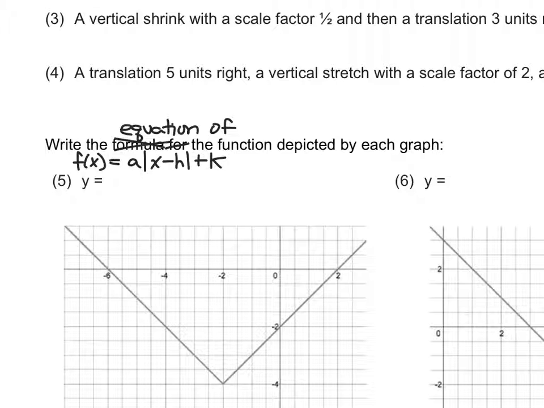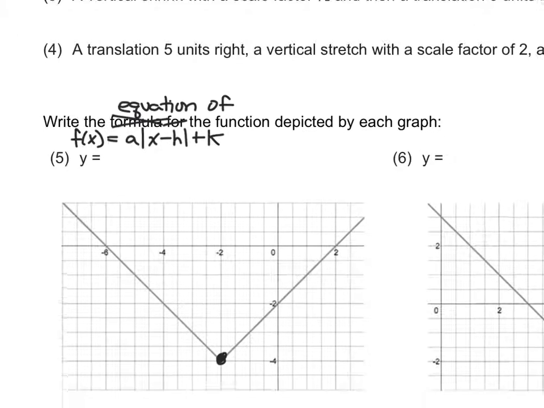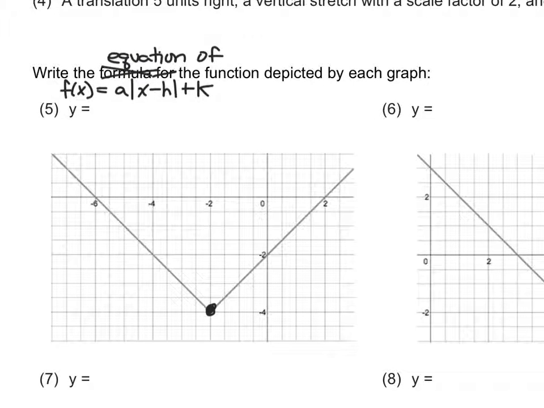All right, so find the vertex. In this case, it's what? -2, -4. And I need the slope. So I need a little rise over run action here. 1/1 seems reasonable.